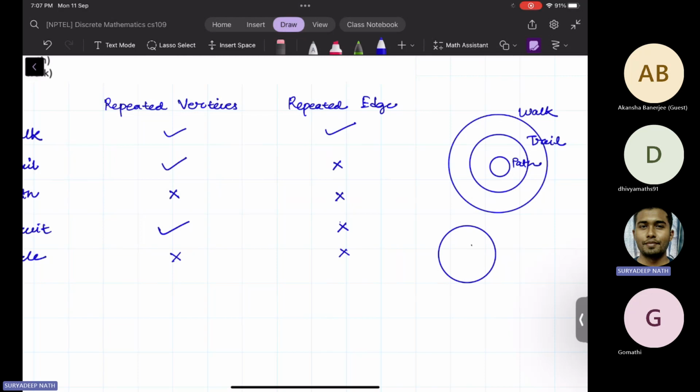So this is circuit, which is contained within it. So you have circuit, and within which you have cycle.